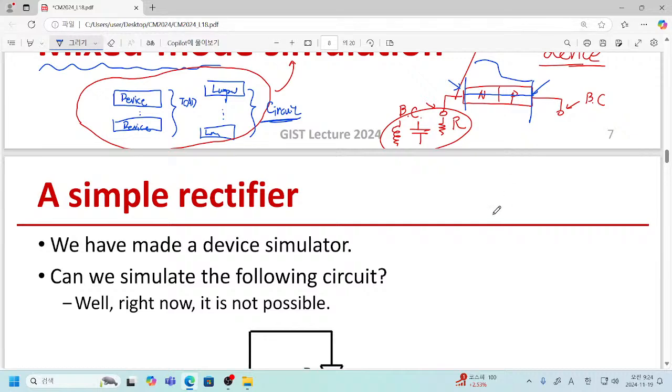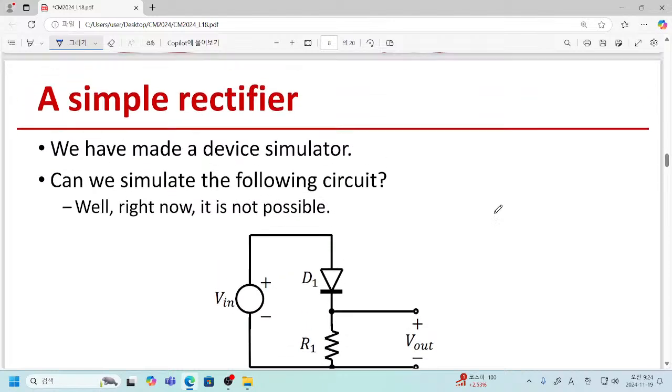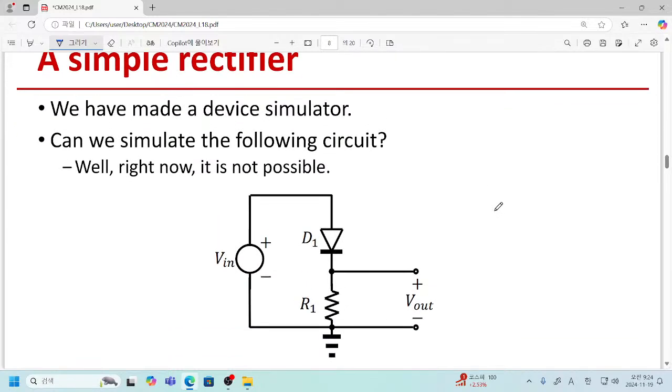Okay, so now let's go to this simple rectifier case. Maybe you have seen it in your microelectronics course in your undergraduate years, and this is the very first one beyond a single device. In that course, usually we study the behavior of this diode.